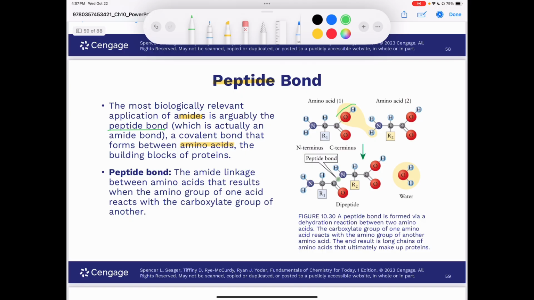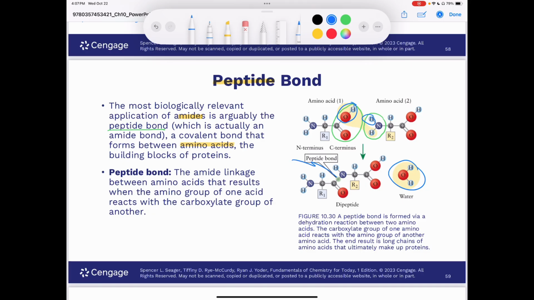So you can see here, this is an amino acid. This is the carboxyl group of an amino acid. We call that the C terminus. This is the N terminus of another amino acid. So if those come together and you lose water, and the water would come from H2O, two hydrogens and one oxygen over here, then you end up forming a peptide bond.